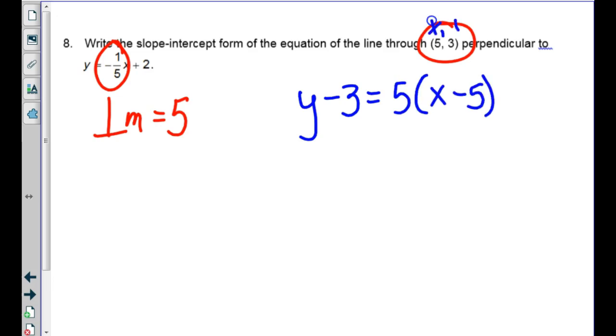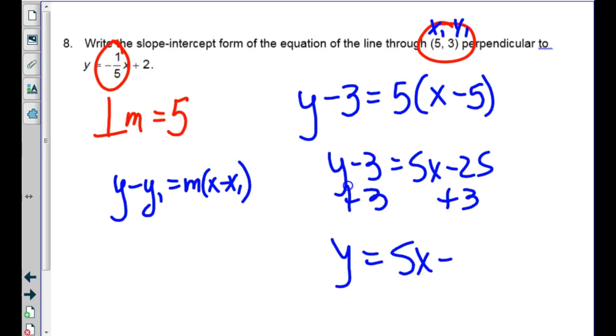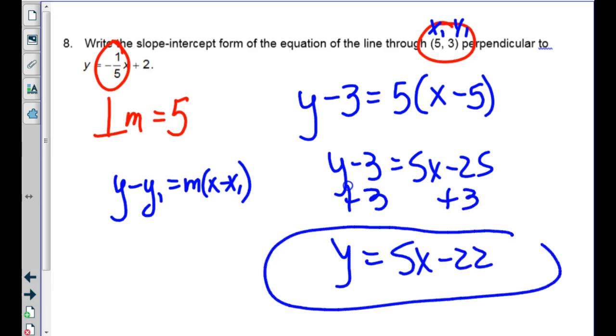This is x sub 1, y sub 1, and this is the m, and it's y minus y sub 1 equals m times x minus x sub 1. So y minus 3 equals 5x minus 25, add 3, y equals 5x minus 22. Anybody else get that? Does it go through 5, 3 and have a slope of 5? Yes, it does.